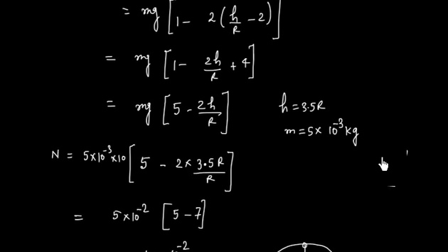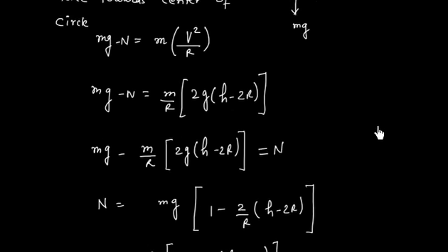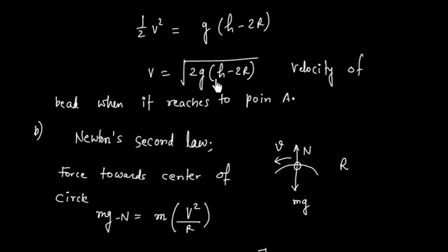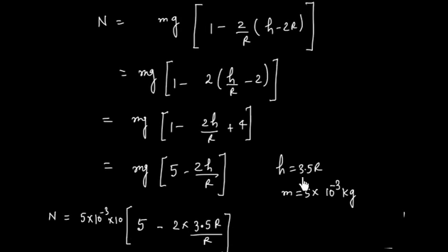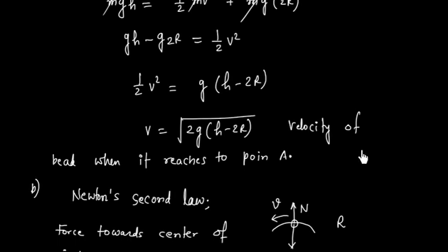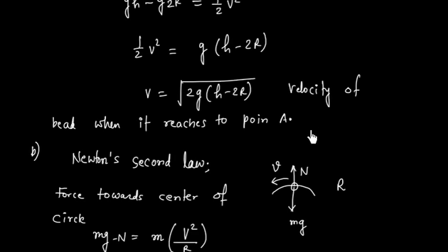We can also plug the value of h and r in part A, that is 2g(h minus 2r). h is given, h is equal to 3.5 r. So we can simplify this expression also. So velocity becomes square root of 2g(3.5 r minus 2r).